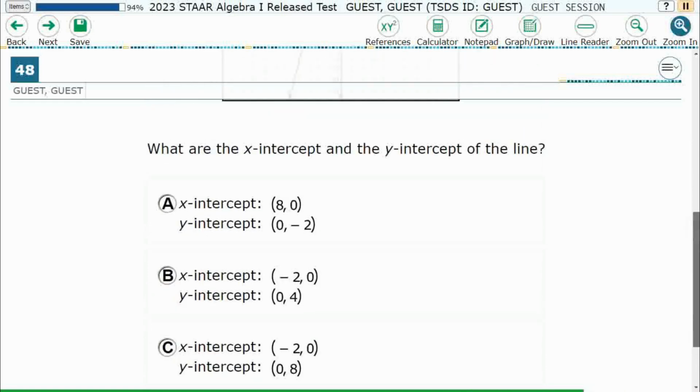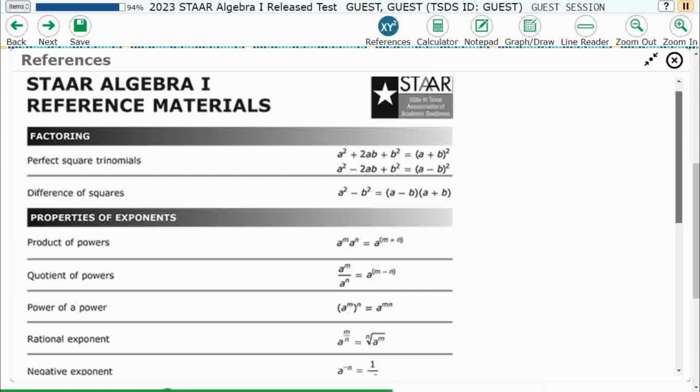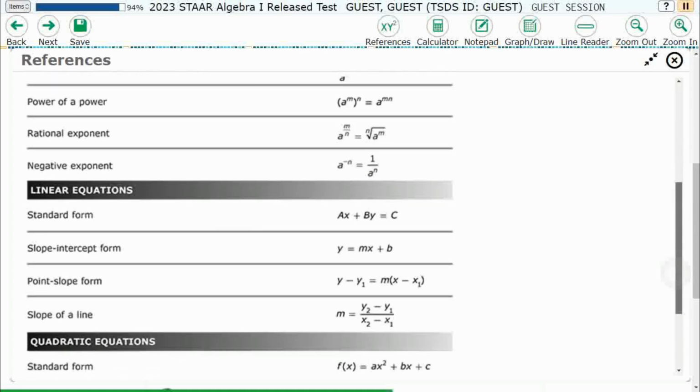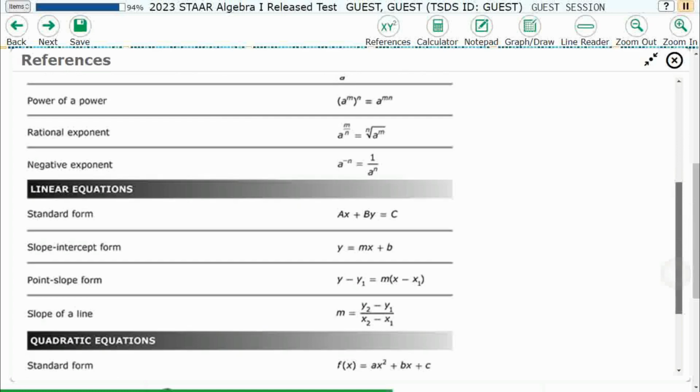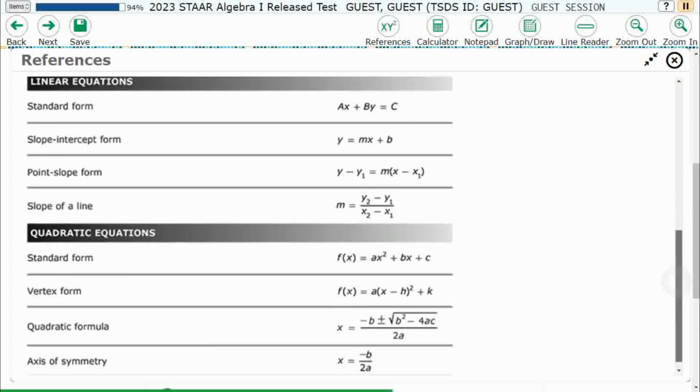So if we look on our reference materials, we're not necessarily going to find anything about that, unfortunately. If we scroll down, especially in the linear equation section, because we see that straight line on the graph, there's really nothing in there about x-intercepts or y-intercepts.